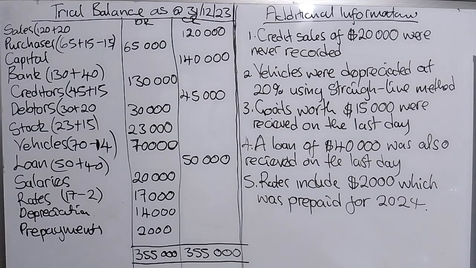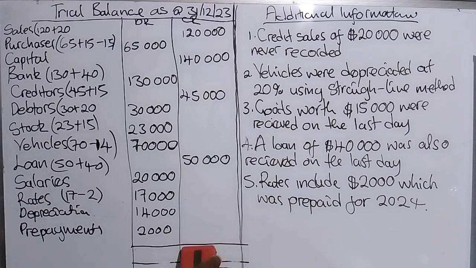You need to make these adjustments as you do the workings. I'm sure right now it has become so clear how we do it, and if we've done all things correct, our trial balance is supposed to balance with the new figures.